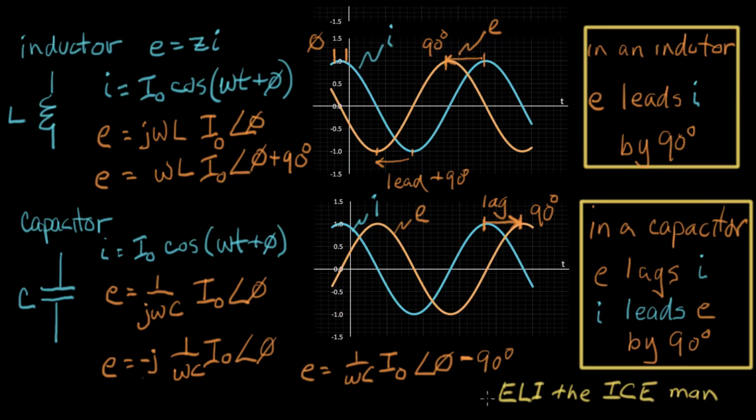Eli tells us that in an inductor, an L, voltage leads current. And over here in a capacitor, C, current leads voltage. That's the message from Eli the Iceman. He helps us remember the order that voltage and current change in inductors and capacitors. He's going to be your friend for a long time.